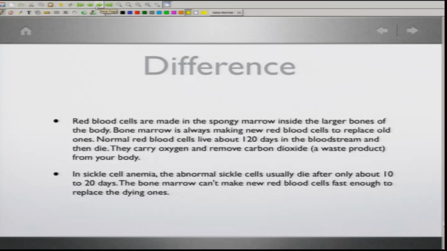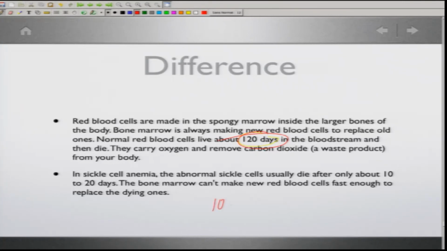The red blood cells are made in the spongy marrow inside the larger bones of the body. Bone marrow is always making new blood cells to replace old ones. Normal blood cells live about 120 days, mark this, this is important for you, 120 days in the bloodstream and then die. They carry oxygen and remove carbon dioxide. In sickle cell anemia, the abnormal sickle cells usually die after 10 to 20 days.